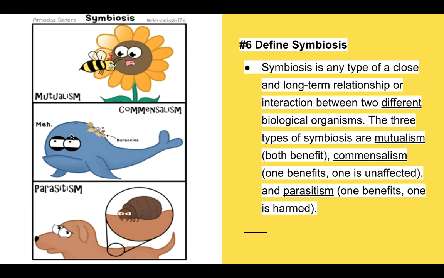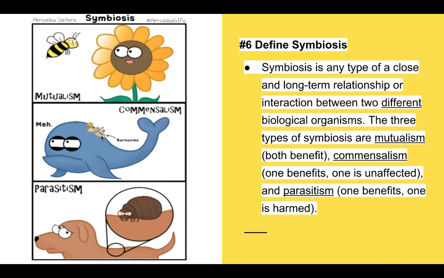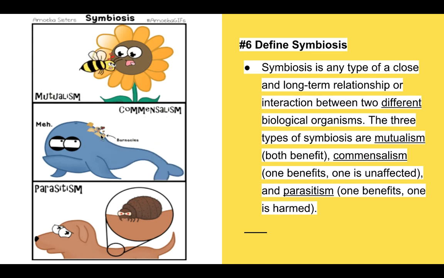Commensalism, so we have a whale, and we have barnacles. Barnacles grow on the sides of whales sometimes, and so that helps them to travel, get their food sources. It helps the barnacles, but it neither harms nor helps the whale. So that's commensalism. It's only helping the barnacles, but it's not harming or helping the whale.